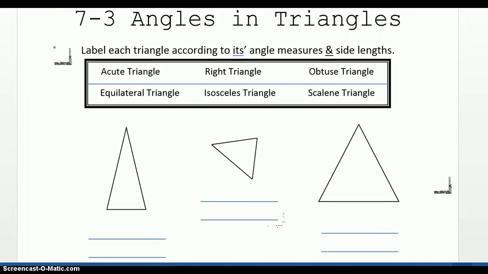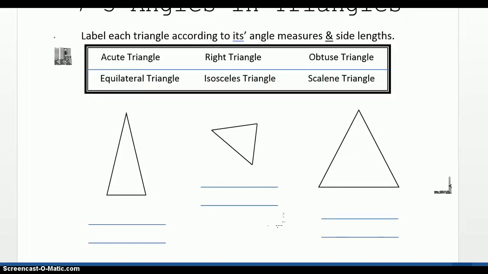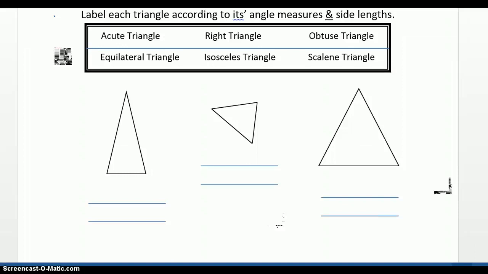7.3 continues with angles and triangles. So go ahead and let's look at this. Label each triangle according to its angle measures and its side lengths. So you can see at the top, if you look at the notes from page 4, acute, right, and obtuse talk about its angle measures, and equilateral, isosceles, and scalene are according to the sides.